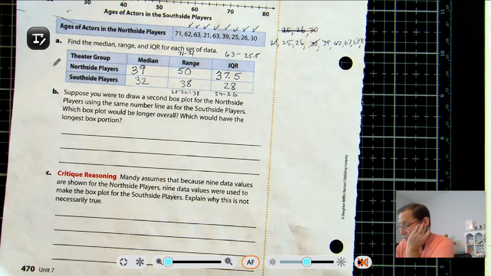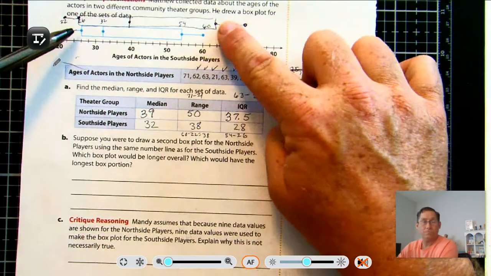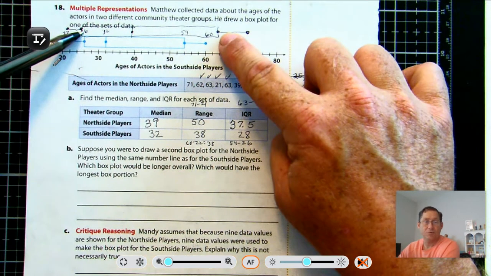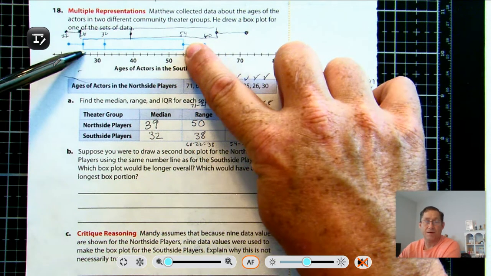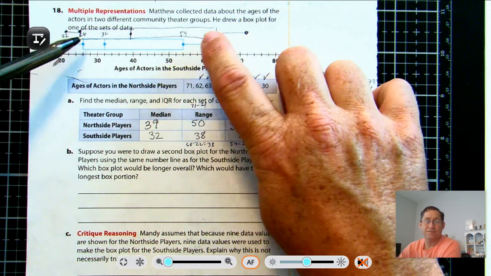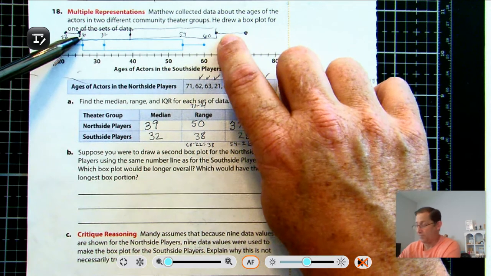So B, suppose you were to draw a second box plot for the north side players using the same number line as the south side players. Which box plot would be longer overall? Which would have the longest box portion? Well, we did do that, and we noticed that the north side box is a lot longer, right, than this box. What that basically tells us is that this data is further spread out.